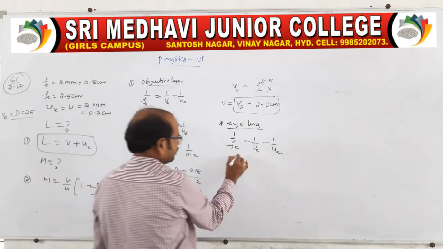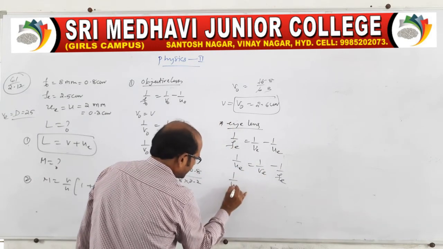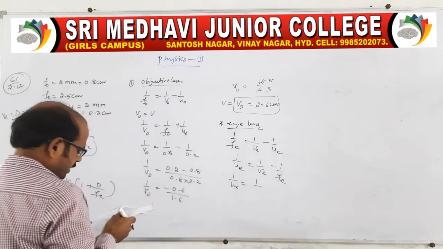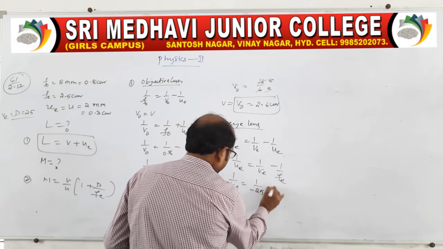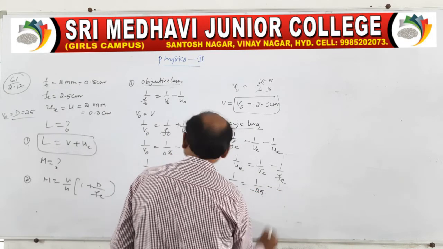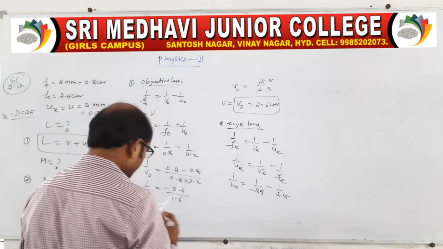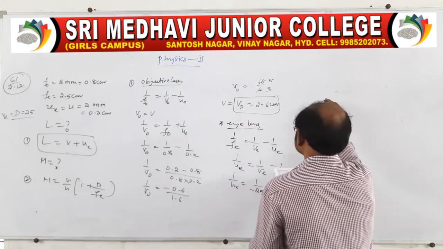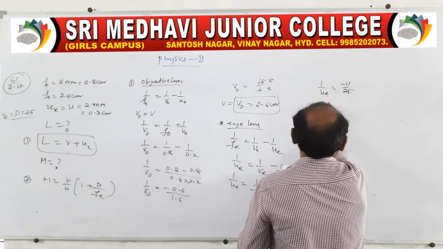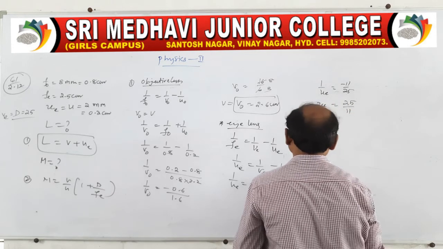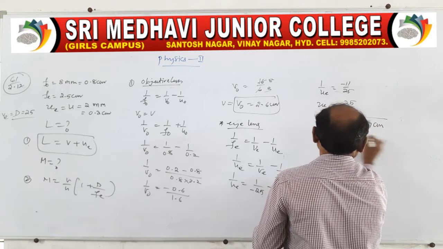Therefore from here, UE is equal to, Ve will be minus 25, then it is minus 25 by Fe, and Fe is nothing but 2.5. So again you simplify here, you may get 1 by UE after simplification minus 11 by 25. So UE is equal to 25 by 11, that is UE is equal to minus 2.27 centimeter.